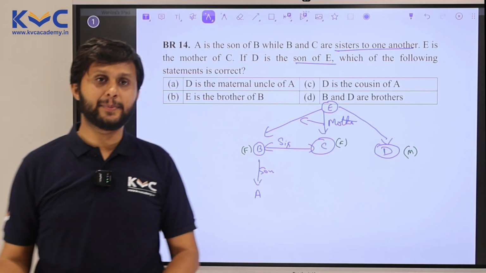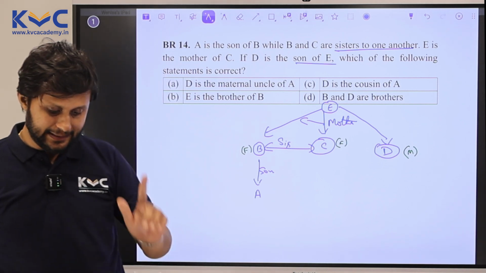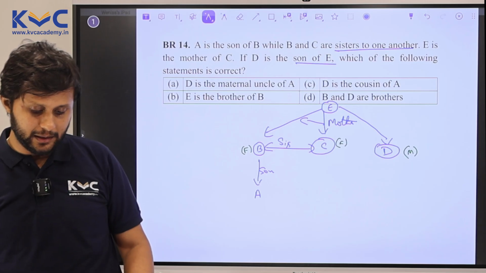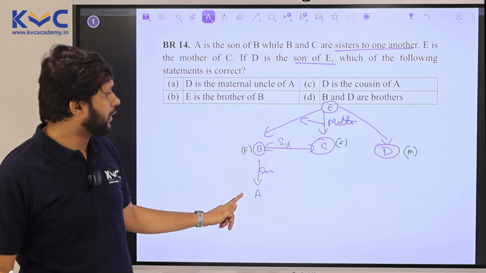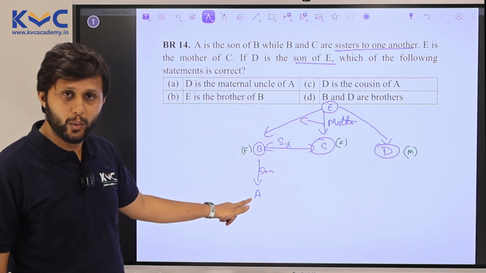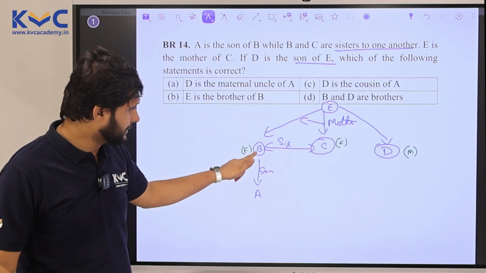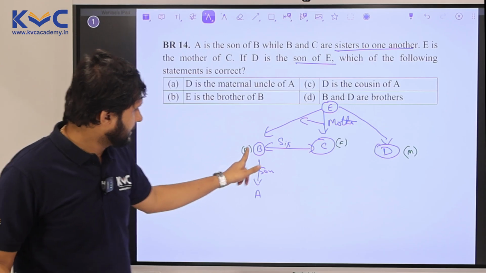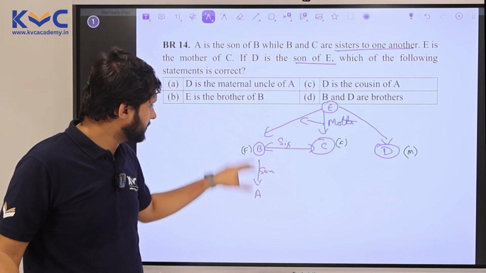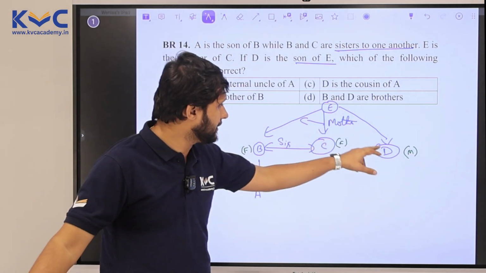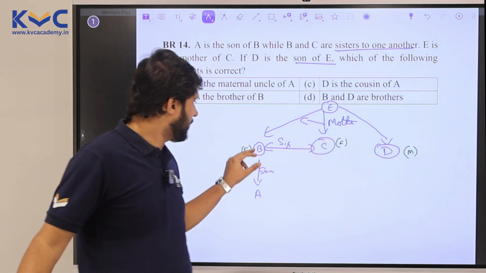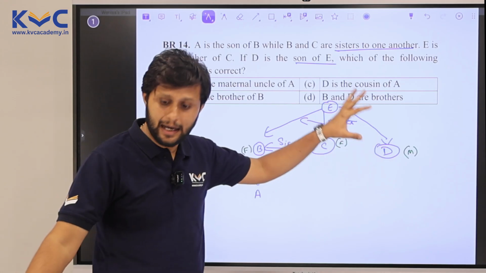Which of the statements is correct? D is maternal uncle of A. A is over here. Son. So B is A's father. Father's sister becomes aunt, and father's brother is uncle.